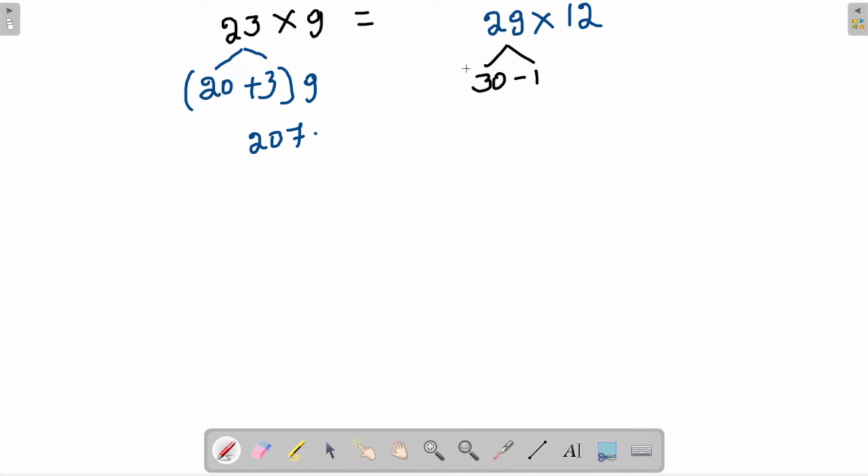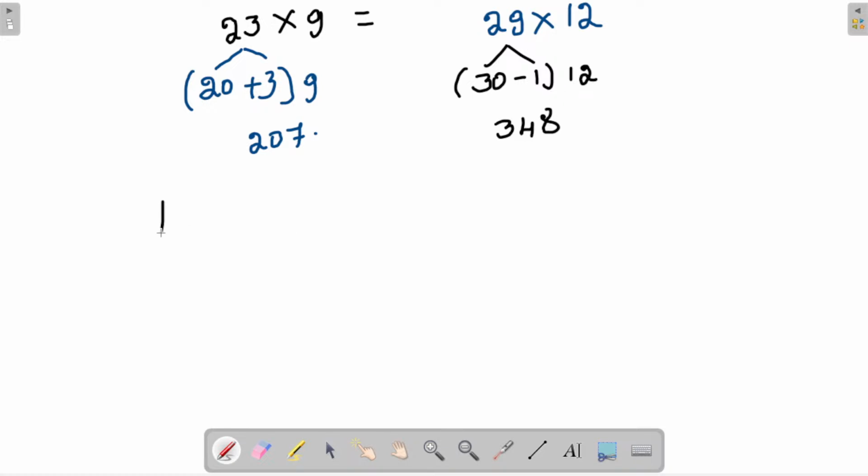Both answers will be the same, but it's your choice how to split the number. Here 30 minus 1 is best. 12 into 30 is 360, because 12 threes are 36. Then 360 minus 12, because 12 ones are 12. 360 minus 12 is 348. That is the answer for 29 into 12.